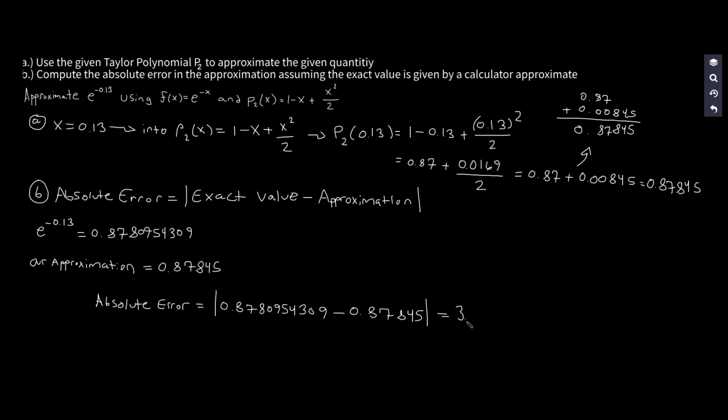So it's going to be 3.54569 1, and for proper scientific notation, times 10 raised to the negative fourth power. And then that's going to be approximately equal to 3.55 times 10 raised to the negative fourth power.